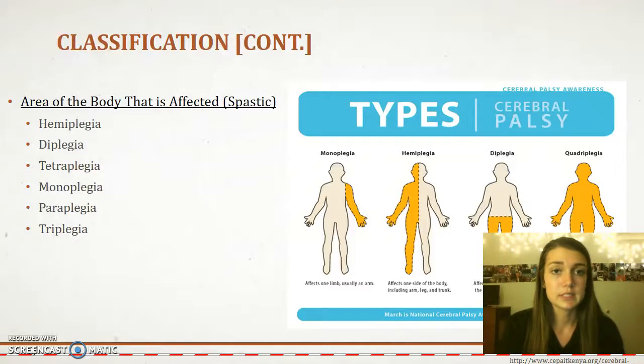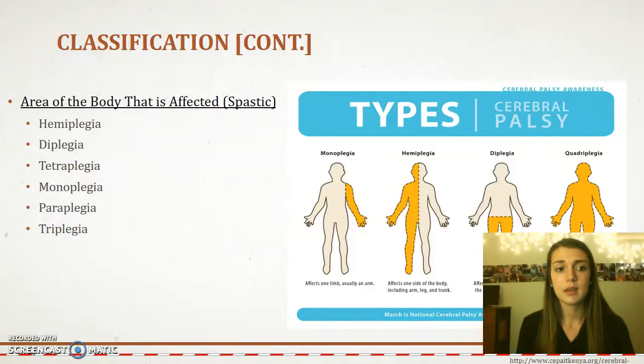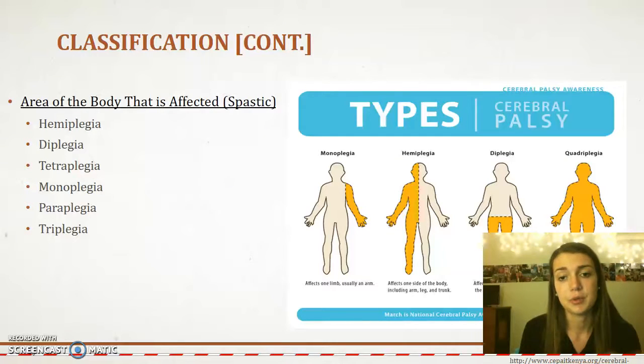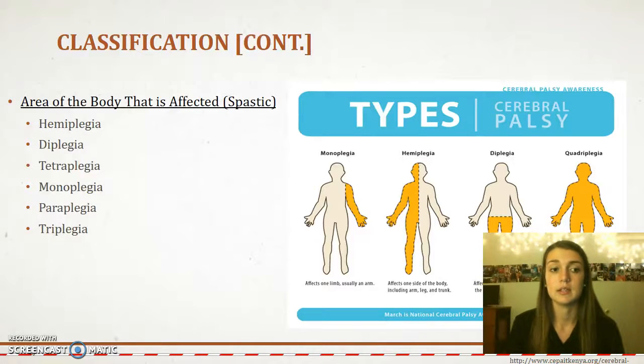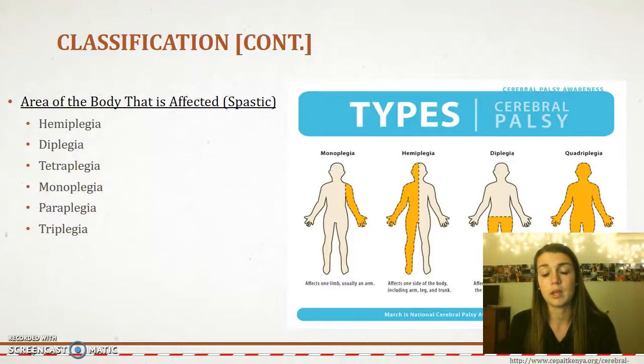So the last way to classify CP is by the area of the body that is impacted, and this is typically spastic CP. So the picture on the right is an example of some different forms of CP, and it shows you the yellow half is the half that's impacted. So hemiplegia is one side or one hemisphere of the body is impacted, so one arm, one leg, and one trunk on the same side.